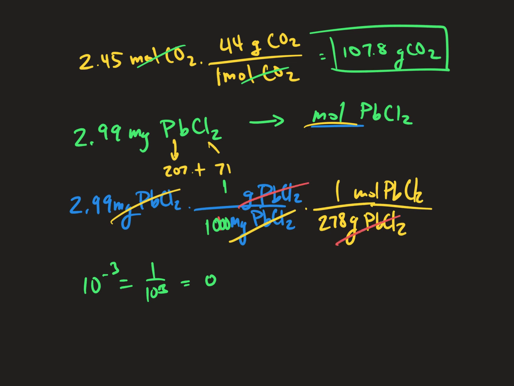Are we going through these too quickly? And we're left with moles of lead 2 chloride. That's what we're looking for. That tells us we can stop converting, and we just multiply and divide.